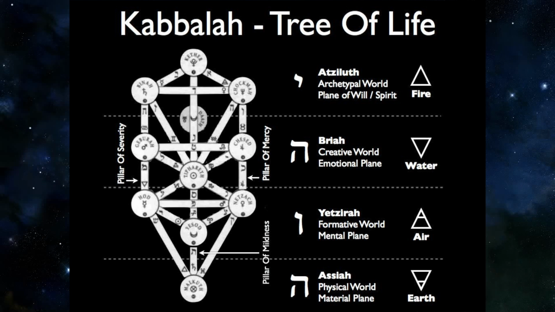Now, above that is one more realm that is even higher in consciousness, and it is closer to pure source, without any form at all, and it's called Atziluth. Atziluth is the archetypal realm. This is the world of just pure archetypal imagery. It's a pure idea.